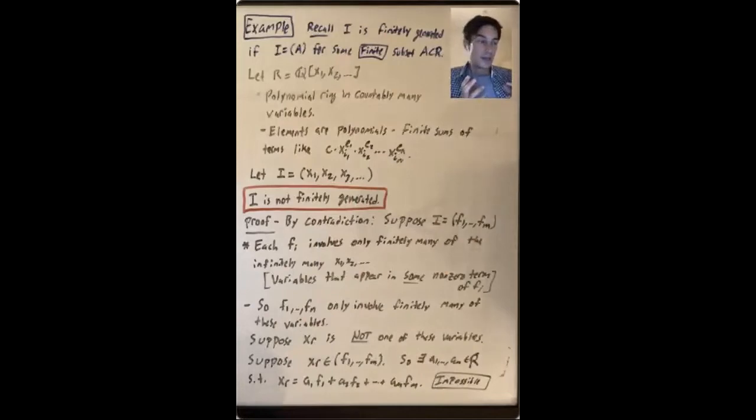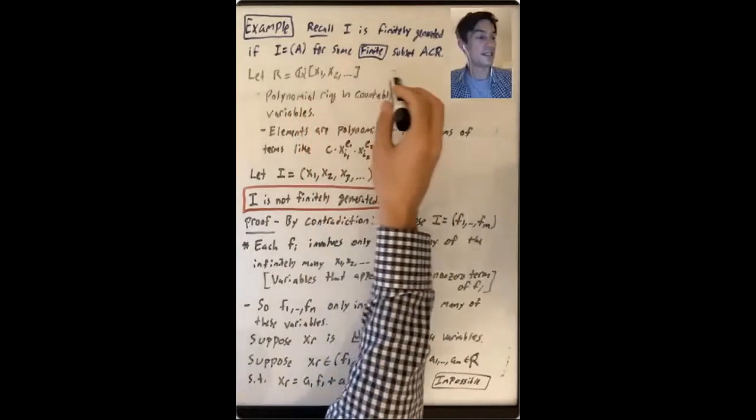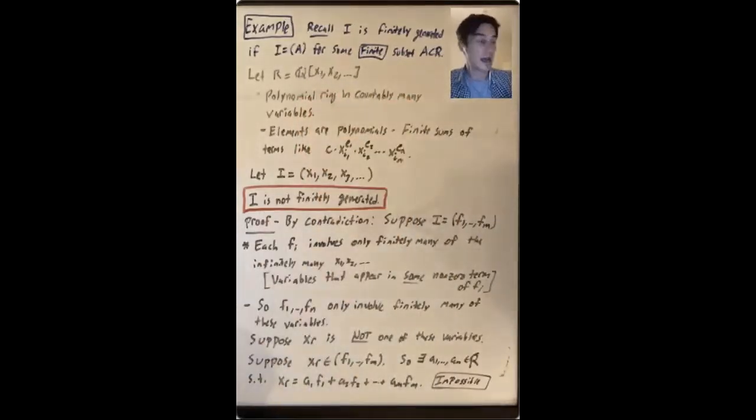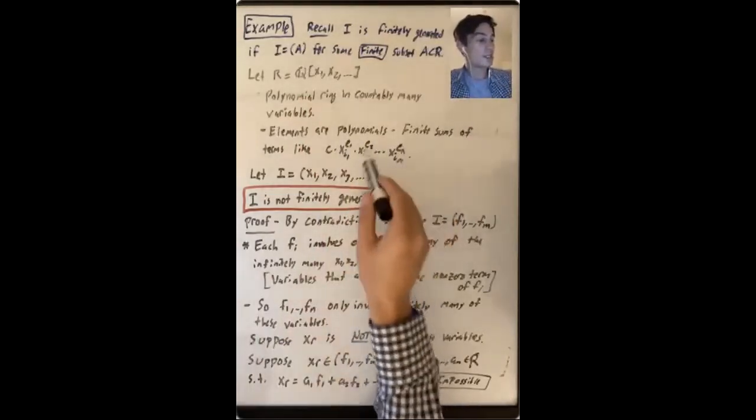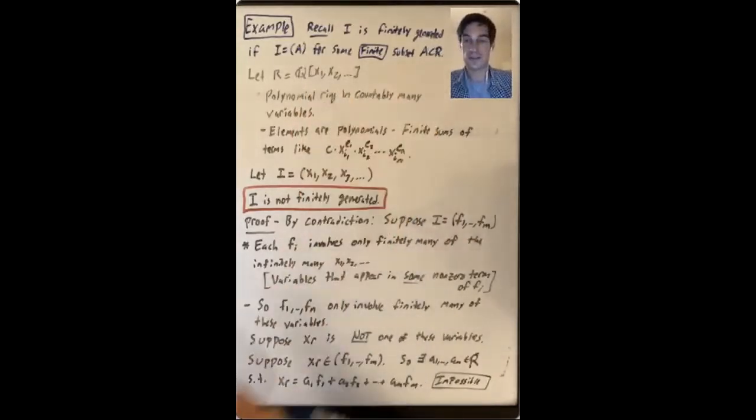So it's like having a polynomial in 2 variables or 3 variables or 10 variables or 1,000 variables, except there's infinitely many different variables xi, but a polynomial is still a finite sum of terms, and each term only involves finitely many of these infinitely many variables.